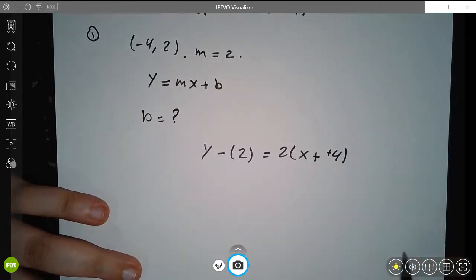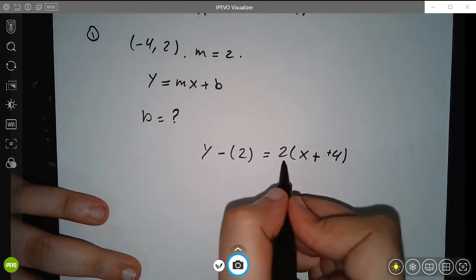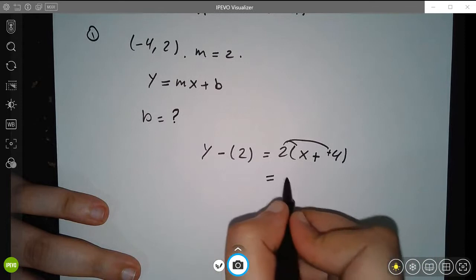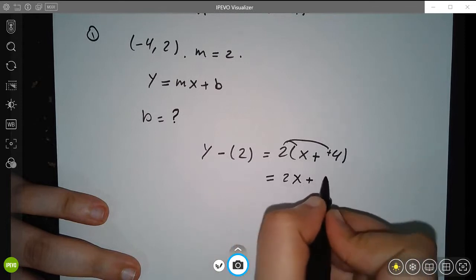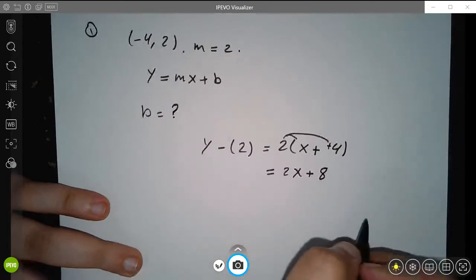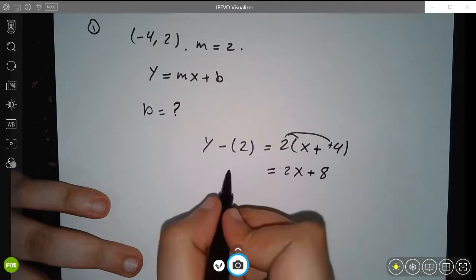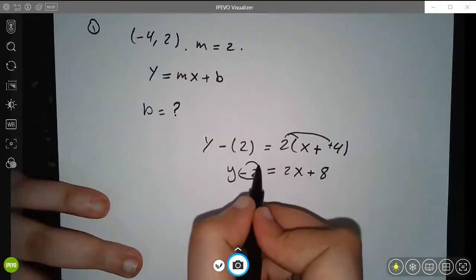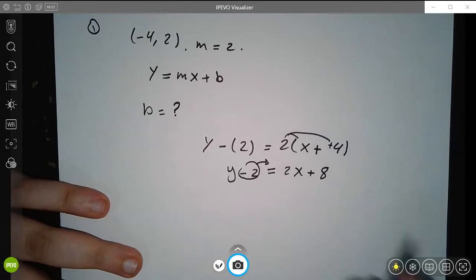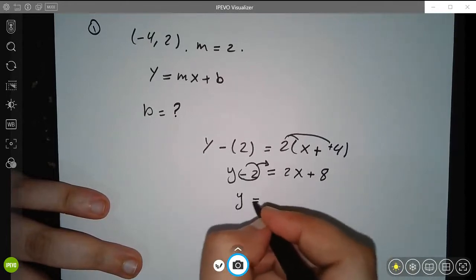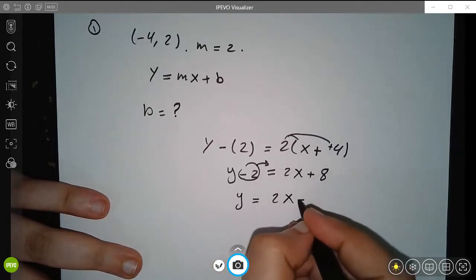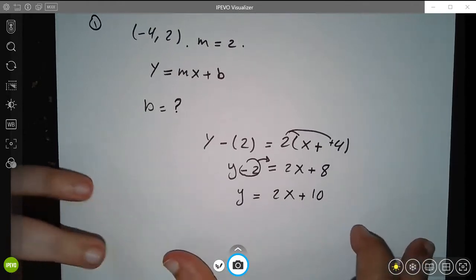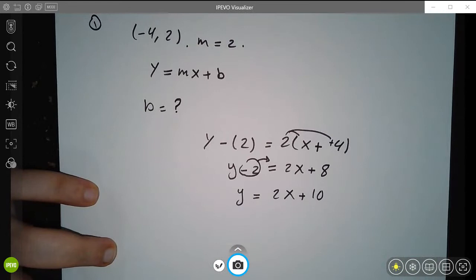So it's x plus 4, multiplied by 2, so that 2 gets multiplied to both. So we have 2x plus 8 on this side. Over here we have y minus 2. So I'm going to grab the negative 2 and move it to that side. So it's y equals 2x plus 10. And that's my equation. Simple.